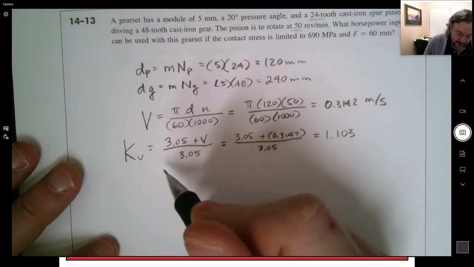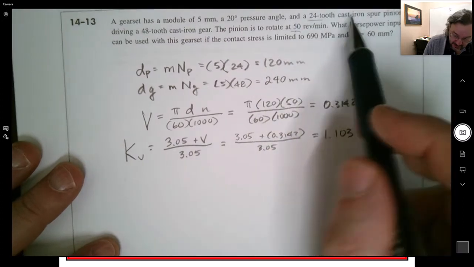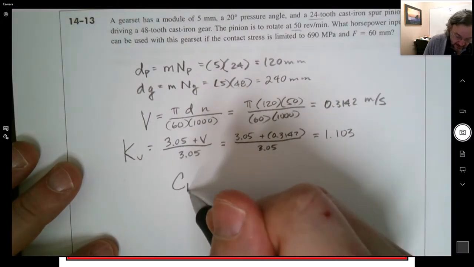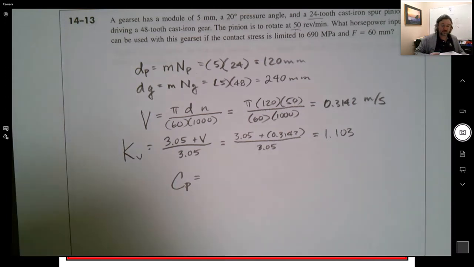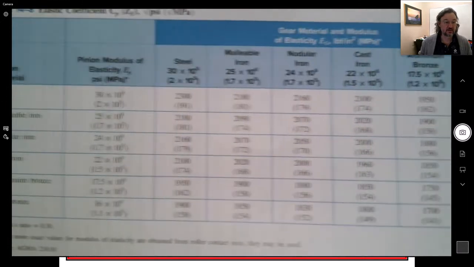And we can look up for this cast iron and cast iron. Let's just take the CP from that table, right? So the table 14.8, and it wouldn't hurt to carefully put little tabs onto your page, because there's going to be a lot of tables and so forth. And if you decide to sell your book, maybe you want to put them on something that's easy to remove.